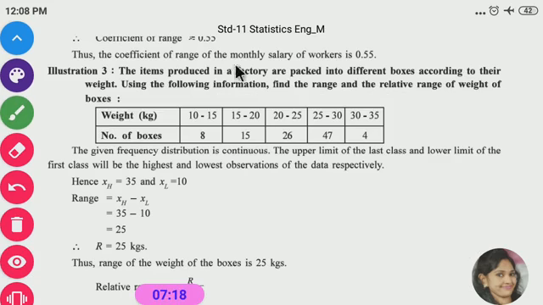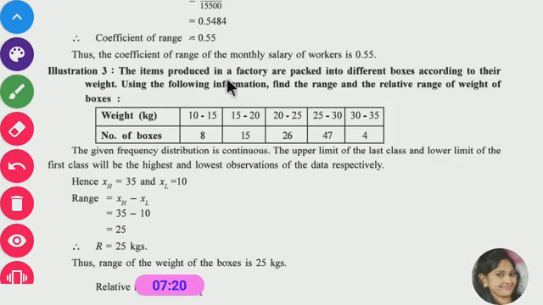Example number 3. The items produced in a factory are packed into different boxes according to their weight. Using the following information, find the range and the relative range of weight of the boxes.